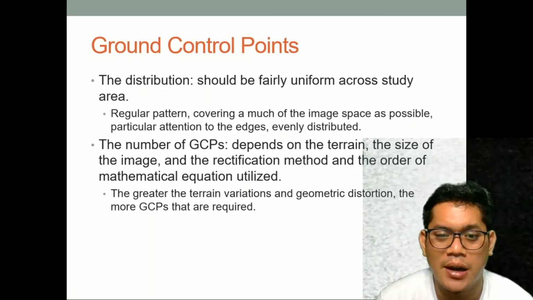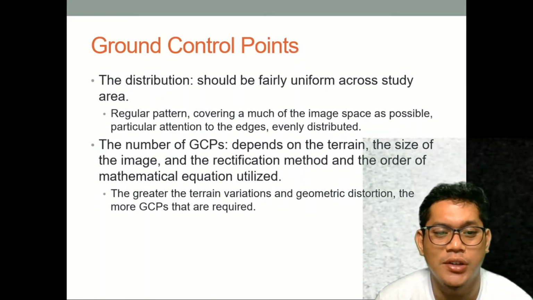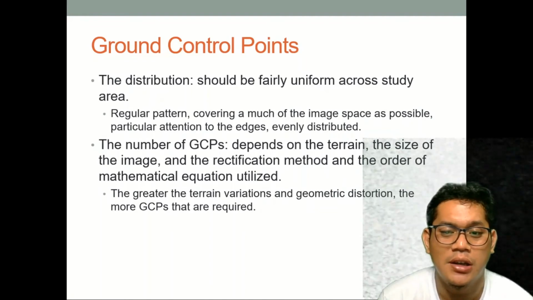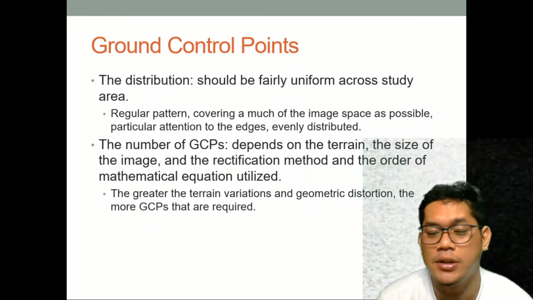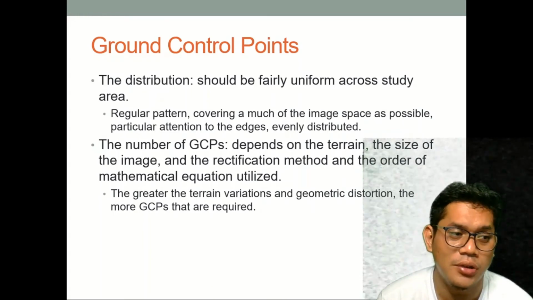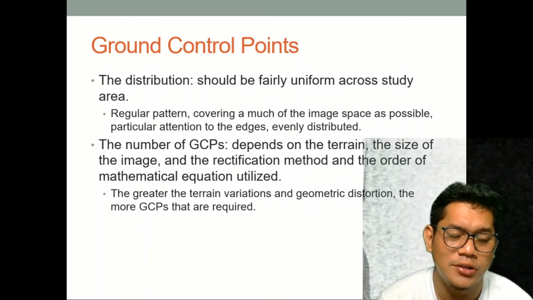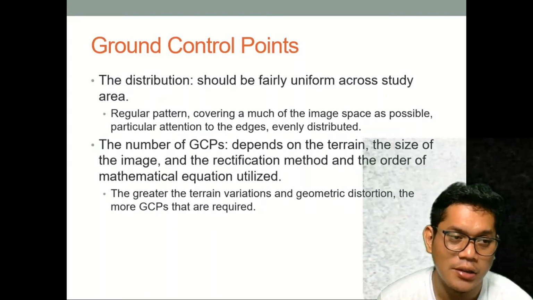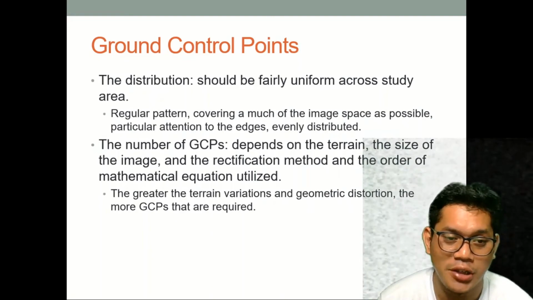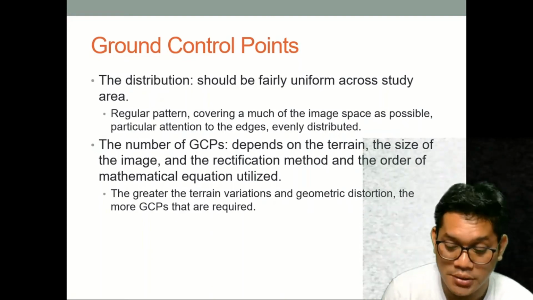And the number of GCPs depends on the terrain, the size of the image, the rectification method and the order of the mathematical equation. Okay, if the image was distorted, or during the image taking the platform was shaky, more GCPs are required.